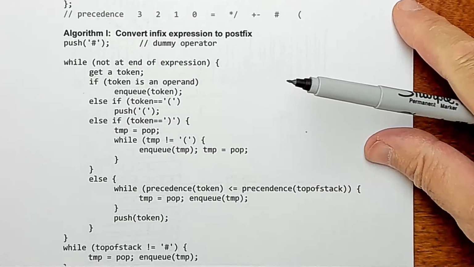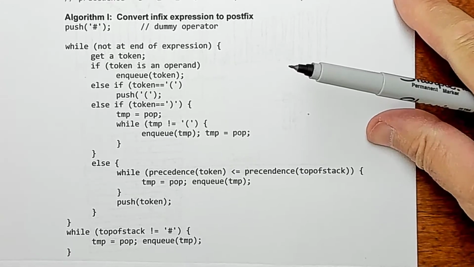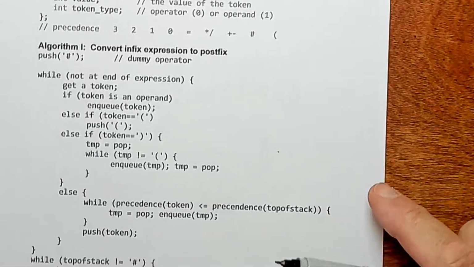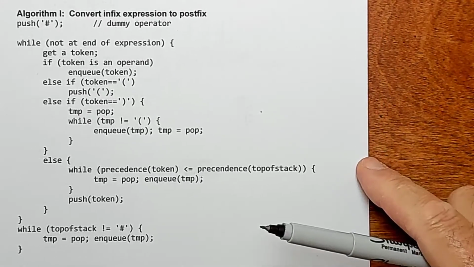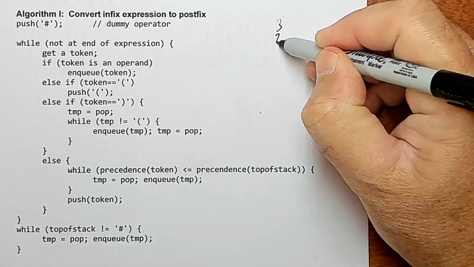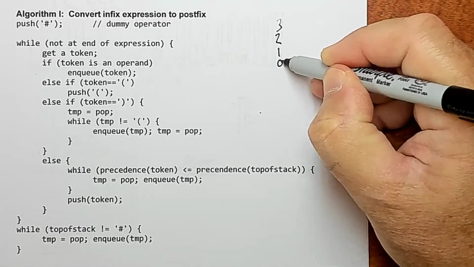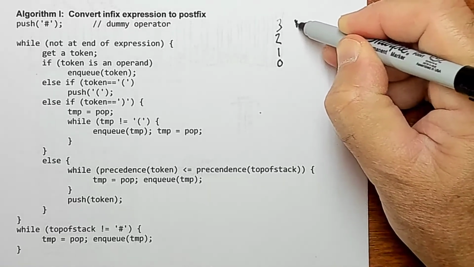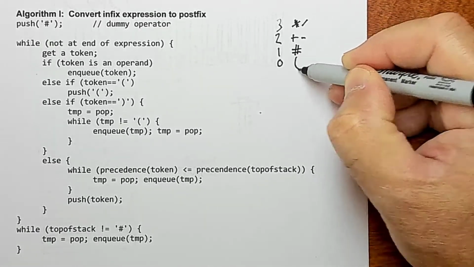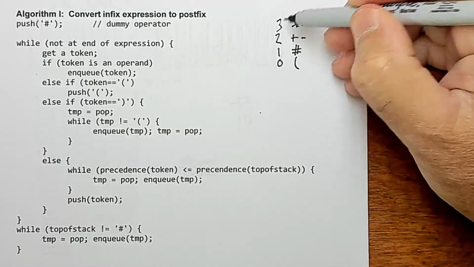So let's look at the algorithm, and then we'll execute it. Here it is. Let me rewrite the precedence of these, because they're off the page, and the table's easier to see anyway. This is our precedence.